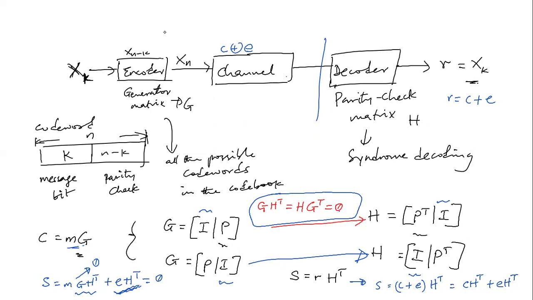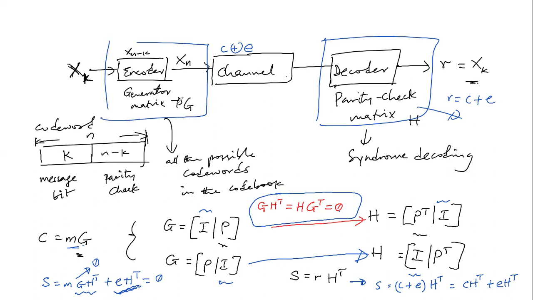Okay, so if that is clear, we have been able to establish that in the decoder, we do syndrome decoding, and that's where we have our parity check matrix, H. And in the encoder, we have the generator matrix, G, to generate the code words. Depending on the sequence length K, that will tell the number of code words in the code book.